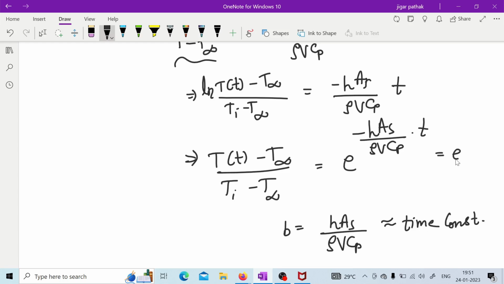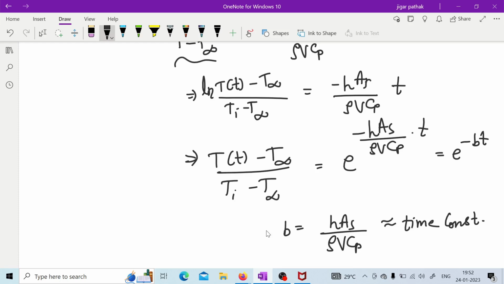So it can be written as e raised to minus B t. Okay, so this is how you have these two different analyses, in terms of temperature distribution and heat transfer rate, in case of your lumped system analysis, and the heat transfer through fins, which we have seen, right?